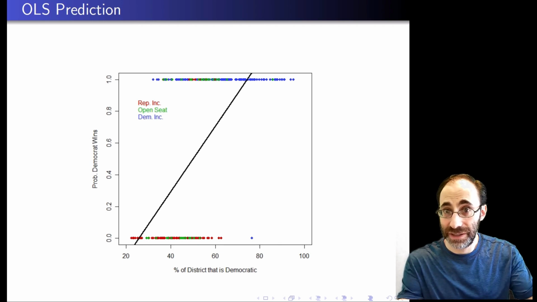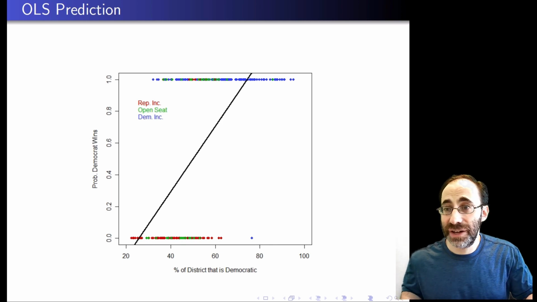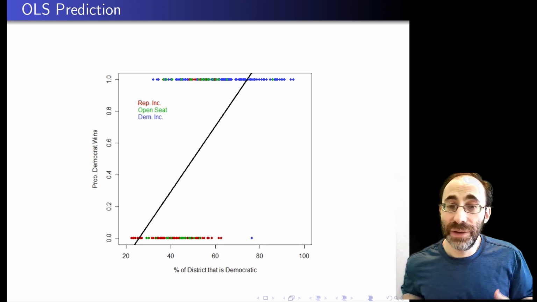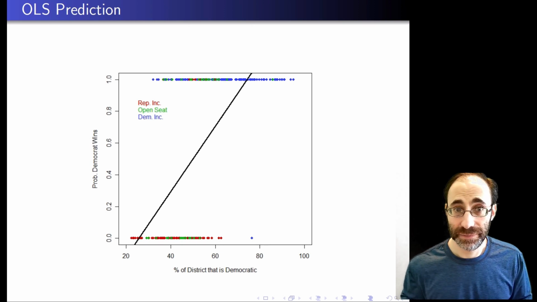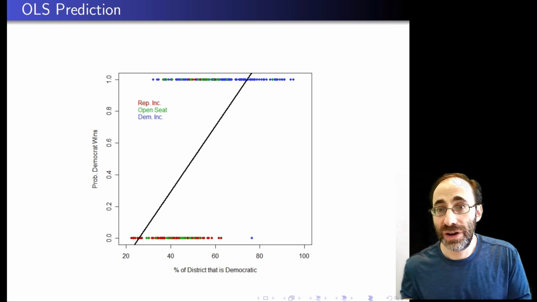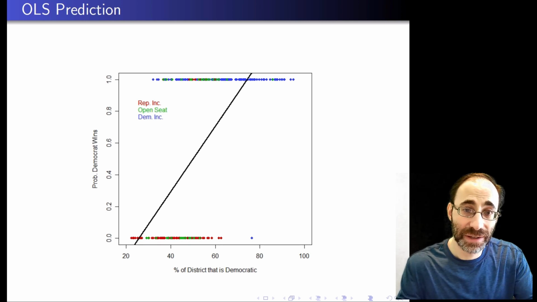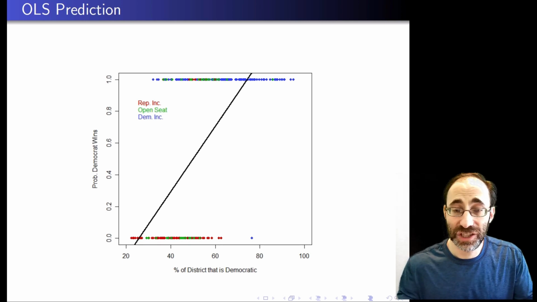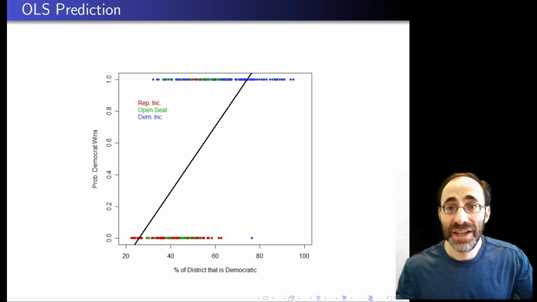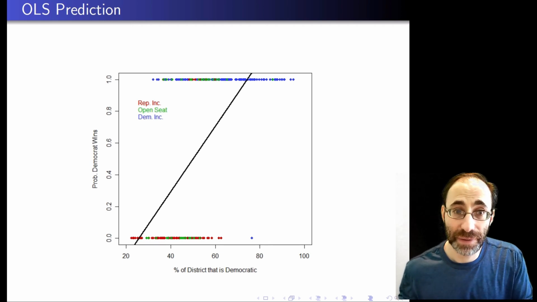Since the vote is a random variable, the chance that a y equals 1 is drawn by that random variable is increasing the more of a district is Democratic. So I'm proposing an underlying process by which the chance a Democrat wins in that district depends on the proportion of the district that's Democratic. As I increase that proportion, I increase the underlying chance that that district votes Democratic. That's what I'm proposing here.